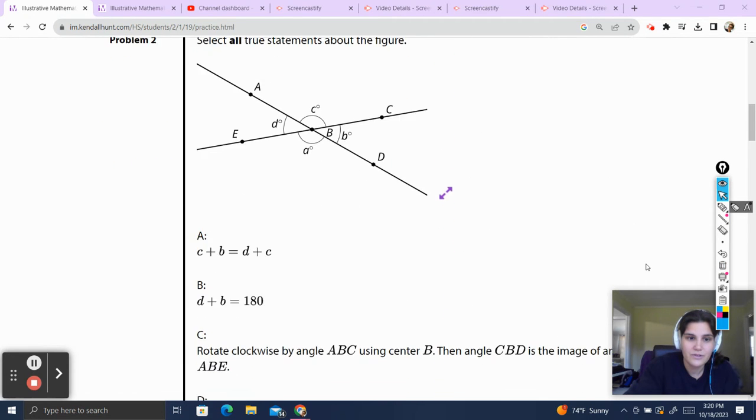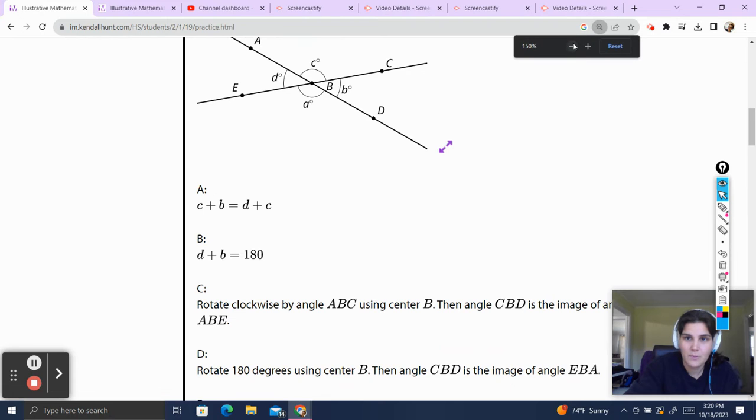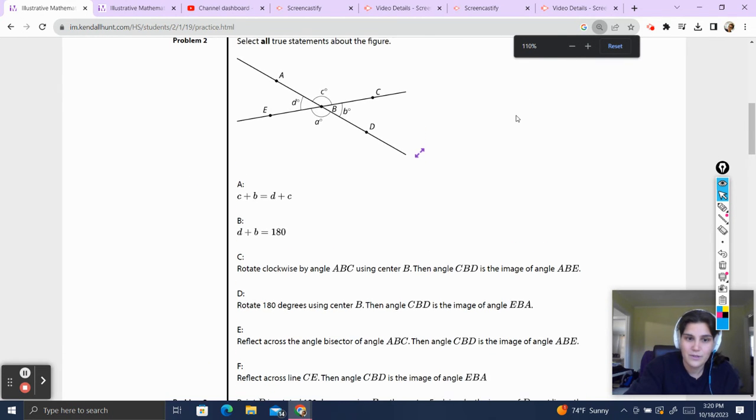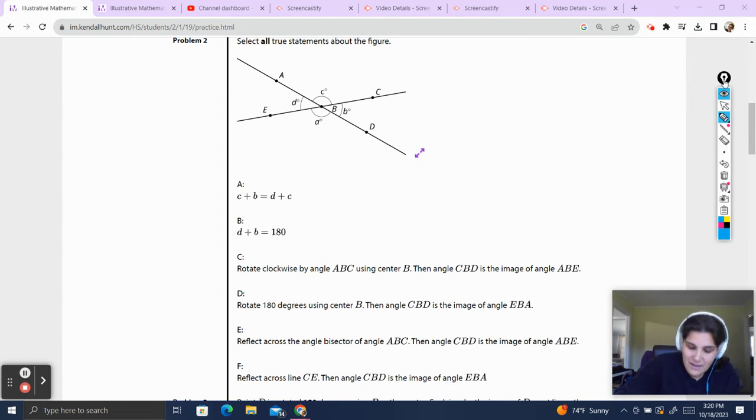Select all true statements about the figure. So let's zoom out for this one. This is going to be one of our first proofs we're doing in geometry for this unit, which is exciting. Is C plus B, so C plus B is going to be this angle plus this angle, which I immediately know is going to be equal to 180 because they lie on a line.